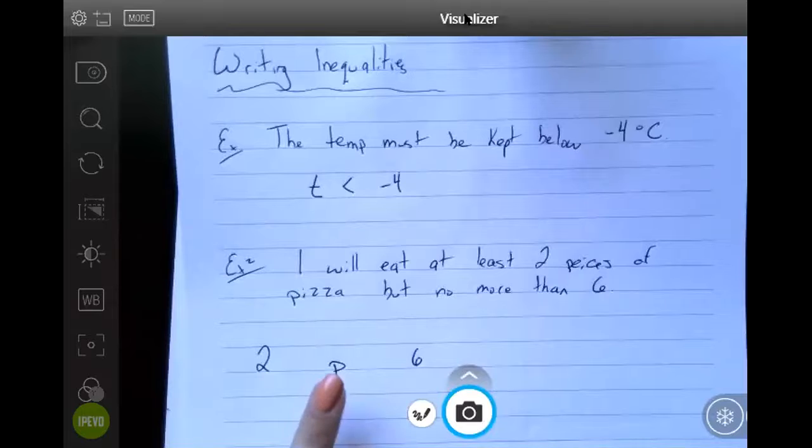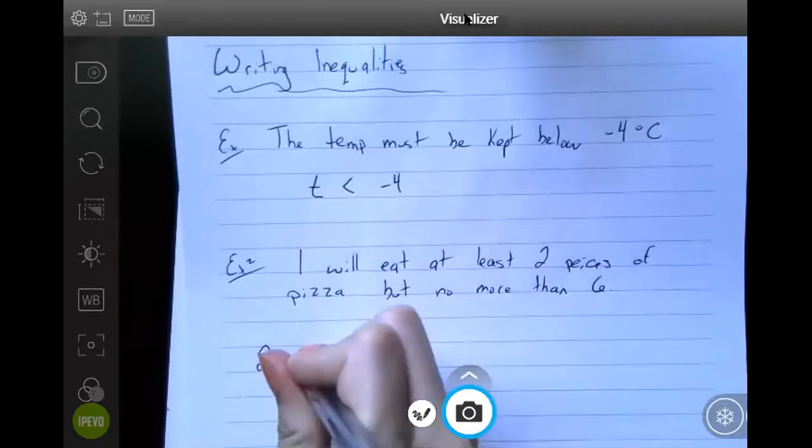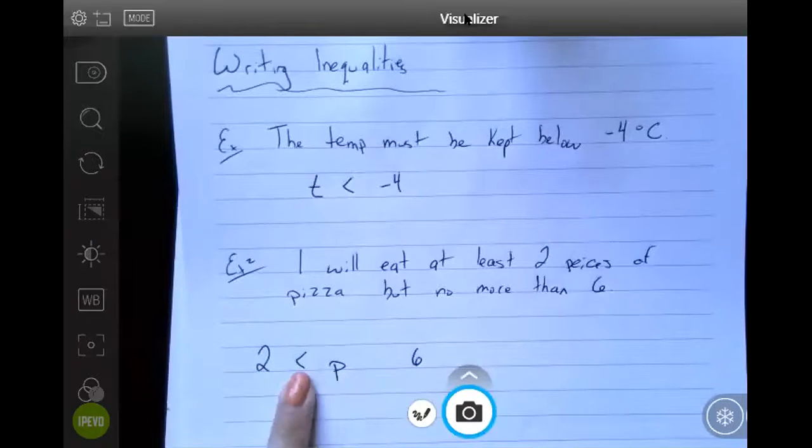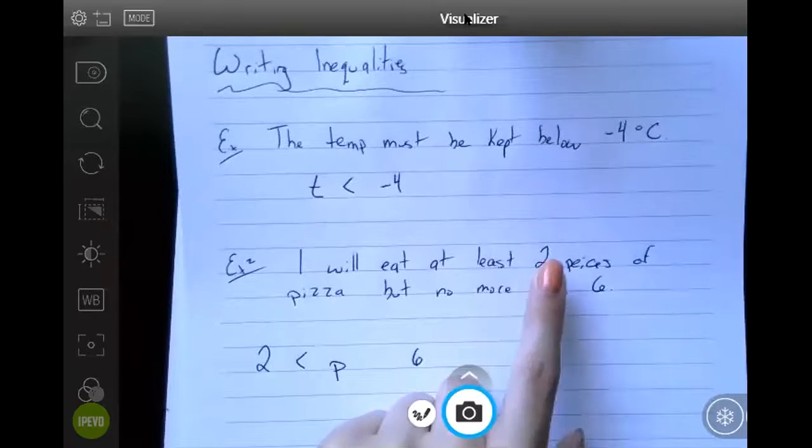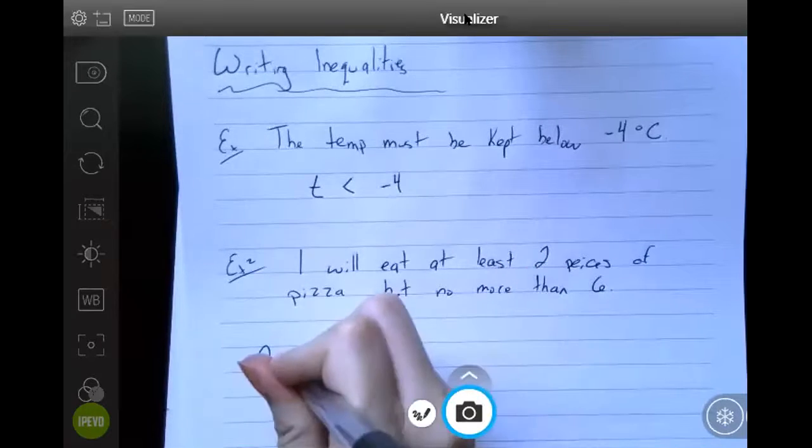And then I just have to figure out what symbols I need to separate my number from the variable. So because the number of pizza slices that I eat has to be more than 2, I'll say P is greater than 2. And I always read from the variable. So that's why I'm saying P is greater than 2. And because it says I'll eat at least 2 pieces, that could be that I just eat exactly 2 pieces.